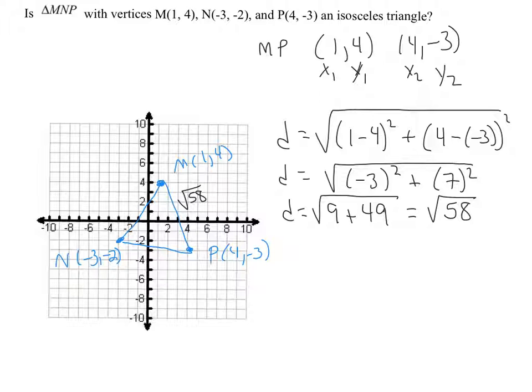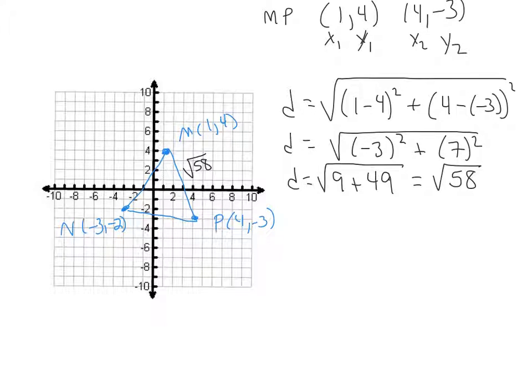That's one distance. Now if we have another side that matches it, we know it's isosceles. If not, it's not. So next I'll do side NP. NP has the points negative 3, negative 2, and 4, negative 3. Again, we'll arbitrarily pick those to be x1, y1, x2, y2.